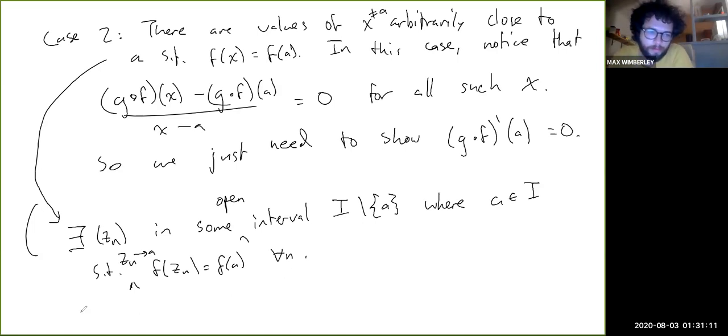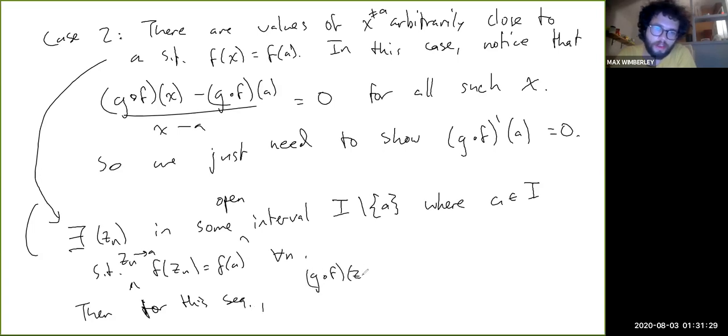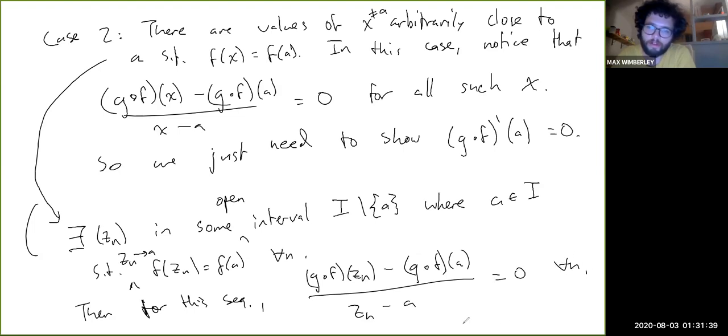So then, for this sequence, g compose f of zn minus g compose f of a over zn minus a equals 0 for all n, right?